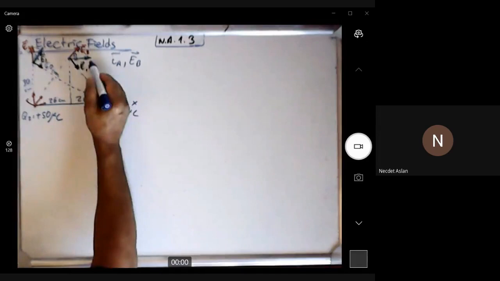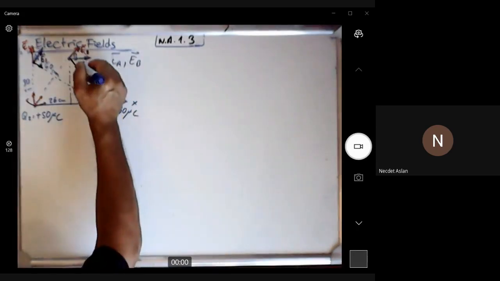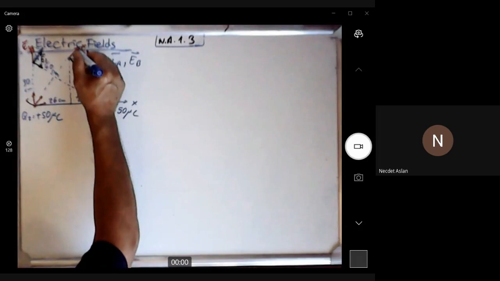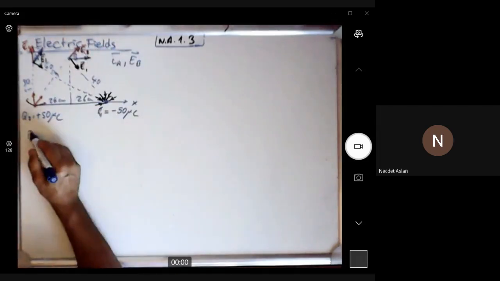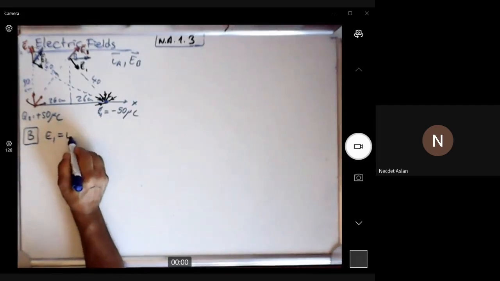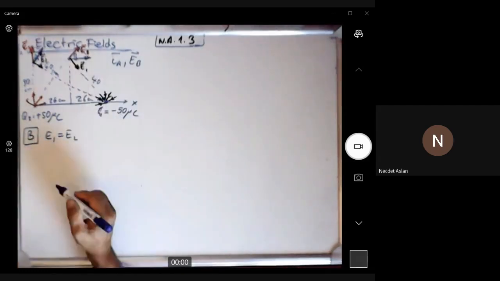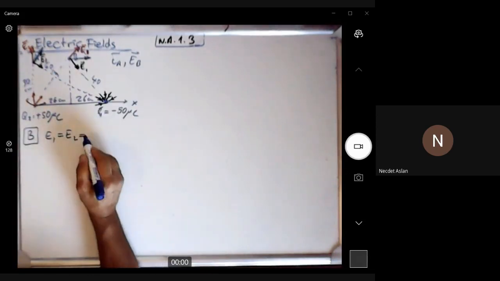The electric field at point B is simple, because if we can calculate E1 and E2, which is exactly the same for case B, E1 magnitude is equal to E2 magnitude, because we have the same distances, same charges. So if we can find one of them, it will be enough.